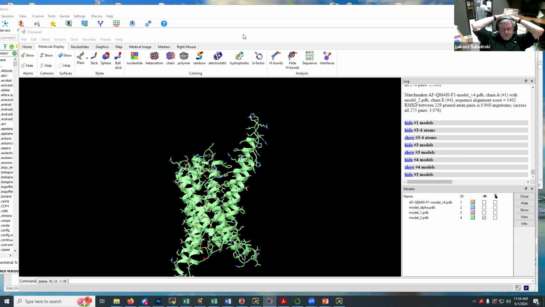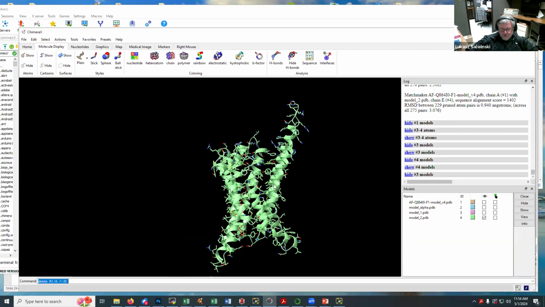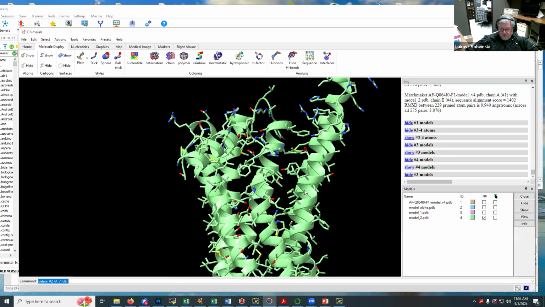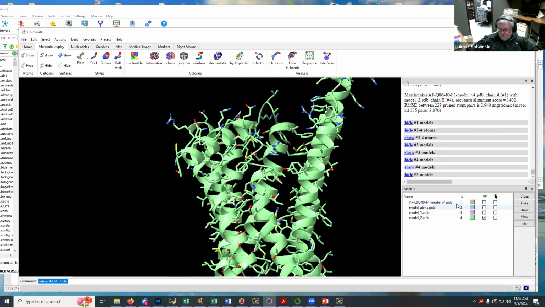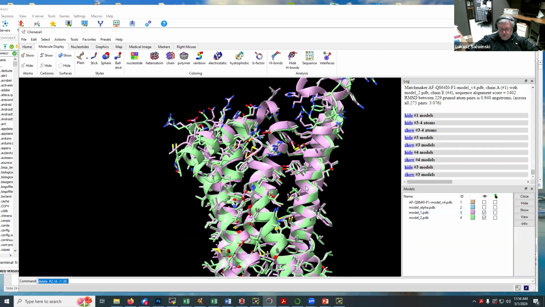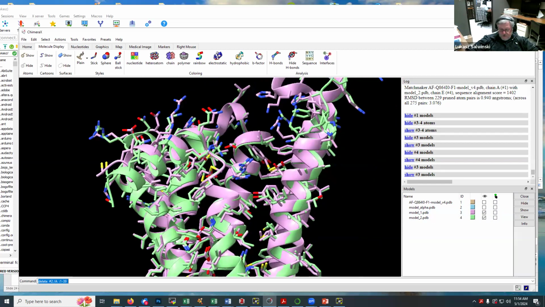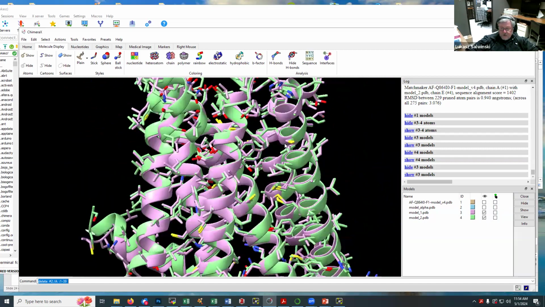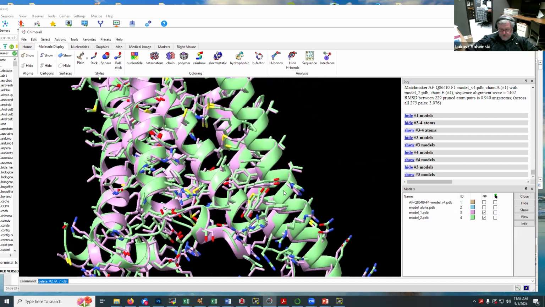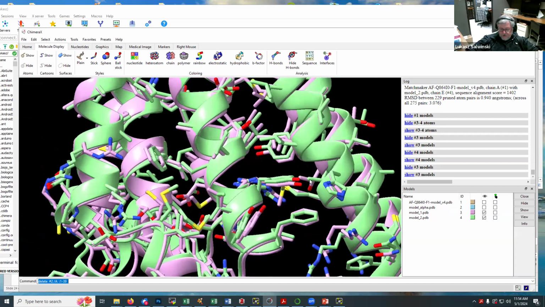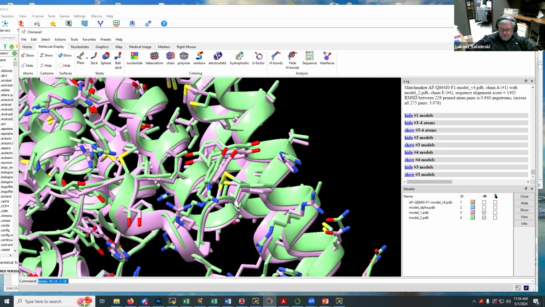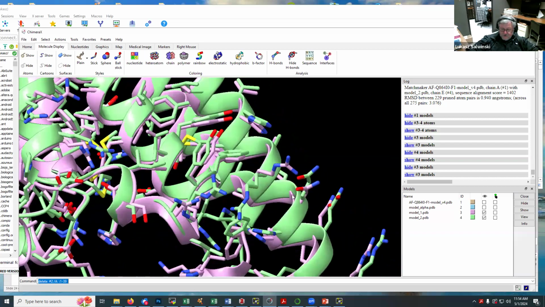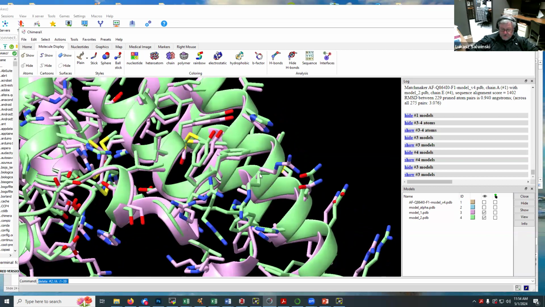The gross problems with alignments will manifest themselves as a situation where you have something in one model. Let's say we turn two of those on. For example here, with the two models, we've got the same histidine located roughly in the same position, and then another case: here's an arginine starting in the same place.